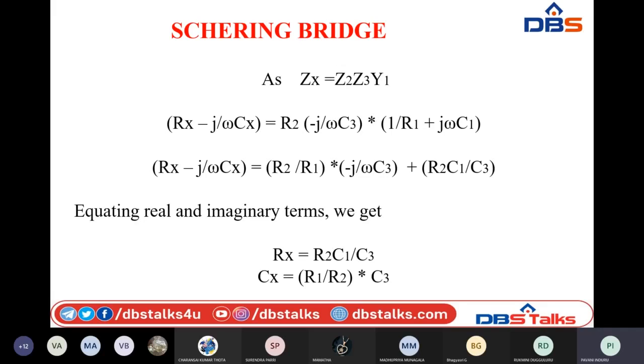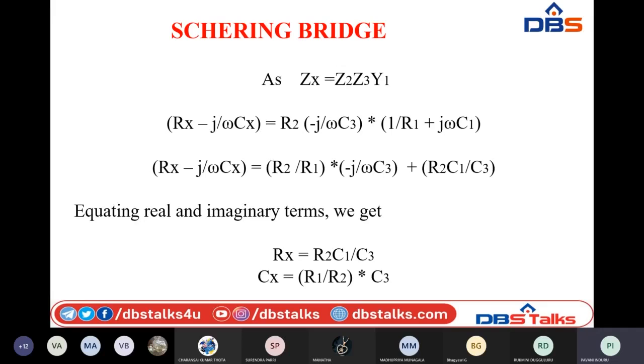Understood? So now we are going to simplify the right hand side expression in order to equate real and imaginary terms. So R2 and R1 are going to multiply the other terms.